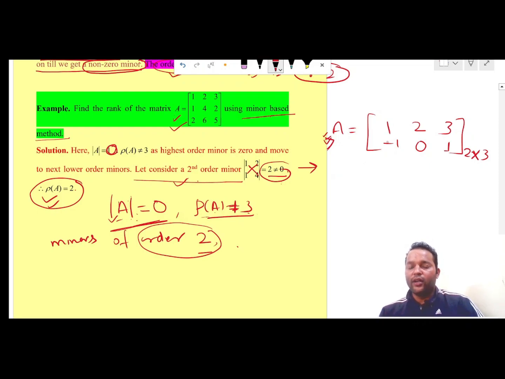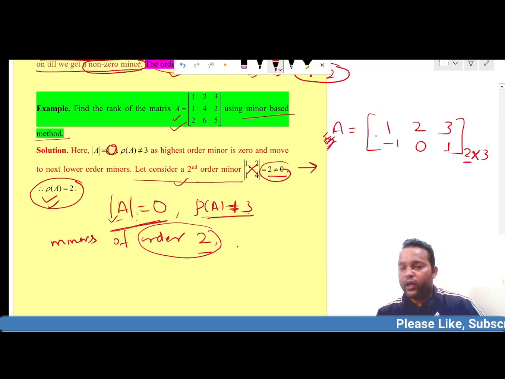A determinant is calculated when the number of rows is equal to the number of columns. So in this case the highest order minor of the given matrix A is of order 2, and you can calculate any one of the minors of order 2.